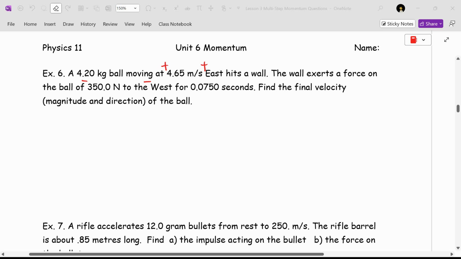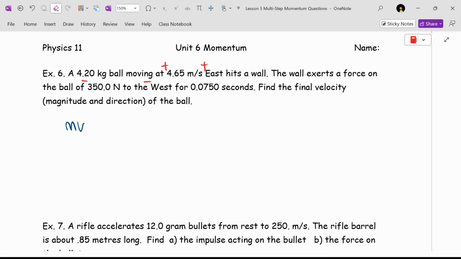You could go VF equals VI plus AT. You could solve for A. But I noticed, did they give me a force and a time? Let's try the impulse equals impulse trick. Let's try seeing if we can go mv final minus mv initial equals force times time.